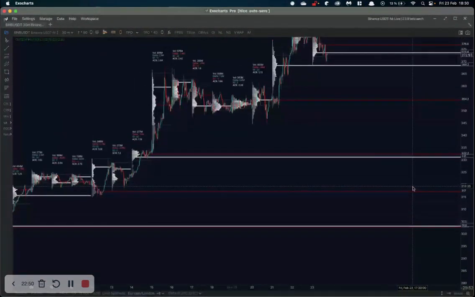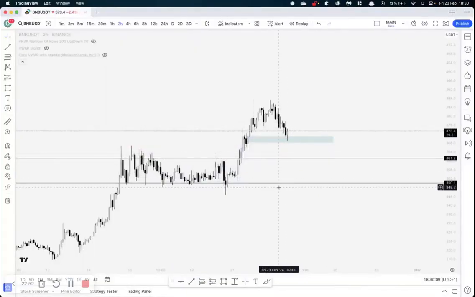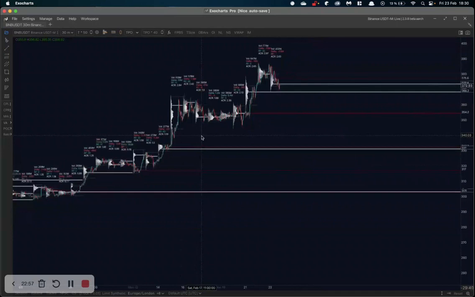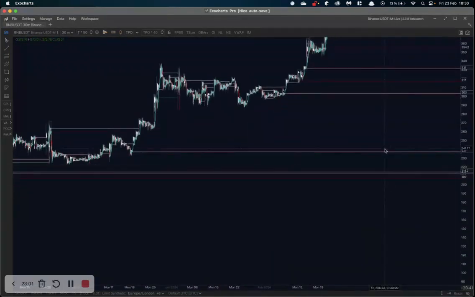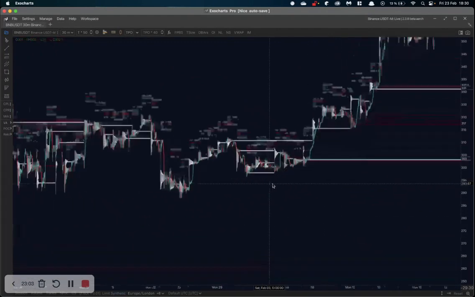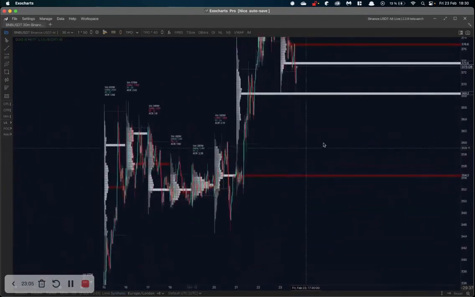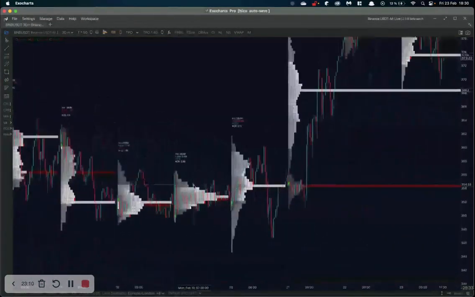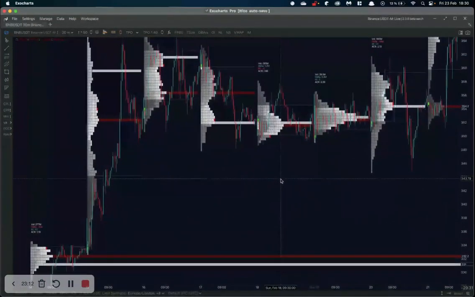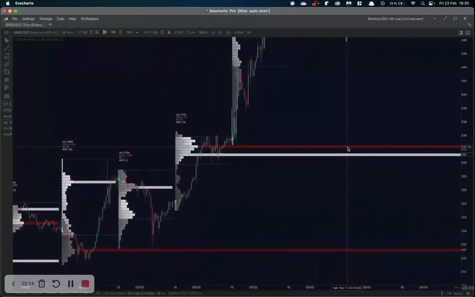All right, so like I was saying, first we're going to try to identify any imbalances we can see. And like I also said, we're looking for places where it has made pockets. I'll zoom in a bit and look for any pockets that I may see. Okay, so we have made pockets there, pockets here.